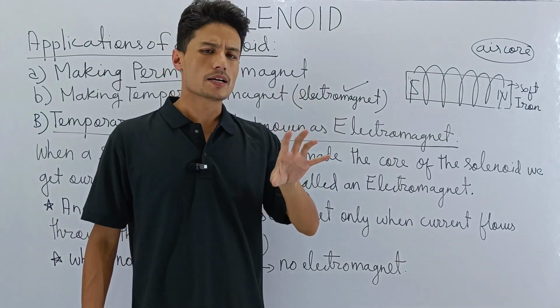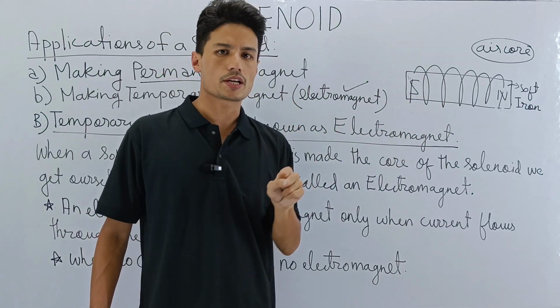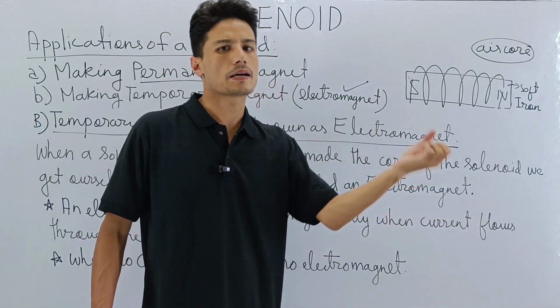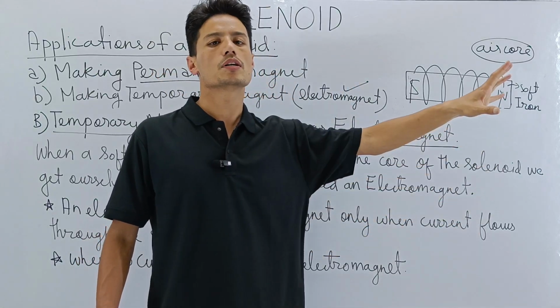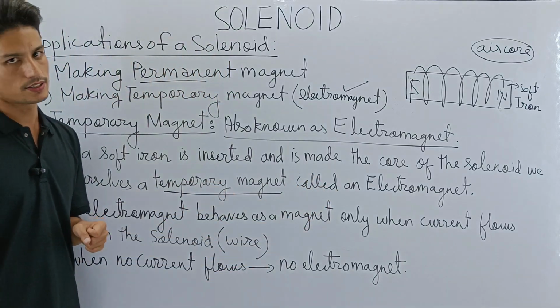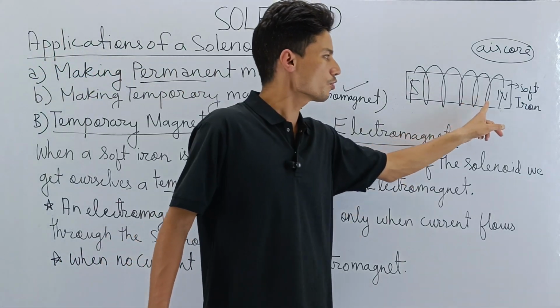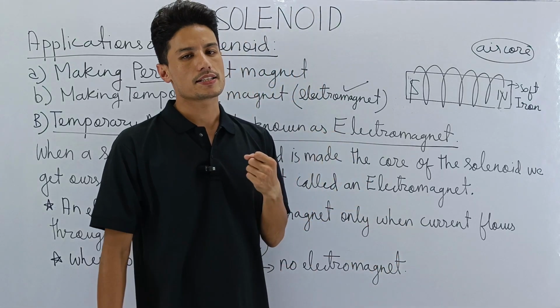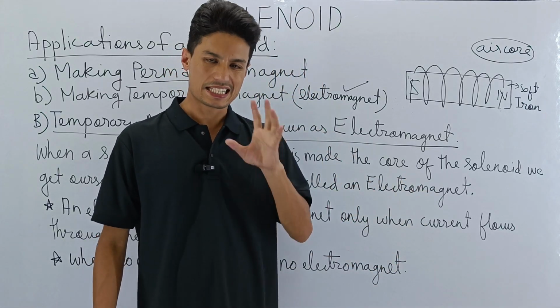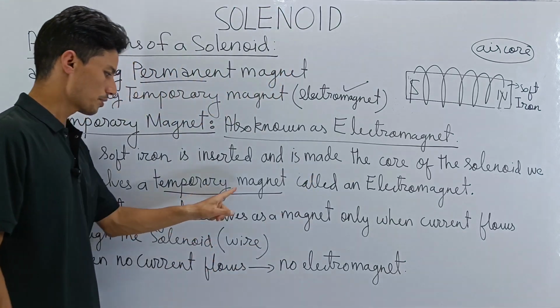That means the atoms are not able to hold on to their magnetic properties. So it is too quick to become magnetic and also too quick to lose magnetic property. This is what happens in an electromagnet. The soft iron core is easy to get magnetized, and at the same time it is easy to lose its magnetic properties. So I hope it's clear. This is the reason why it's called a temporary magnet.